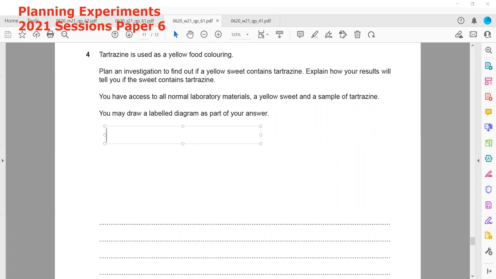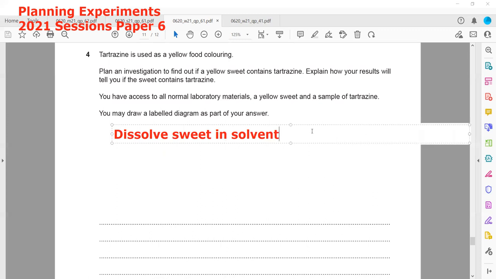So the steps related to this. First we'll dissolve the sweet in the solvent and we will use chromatography.